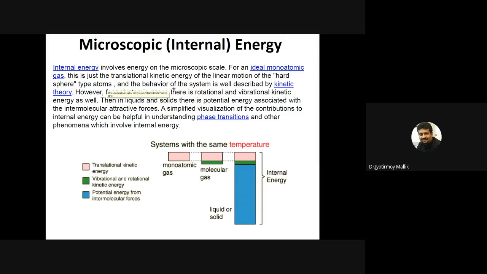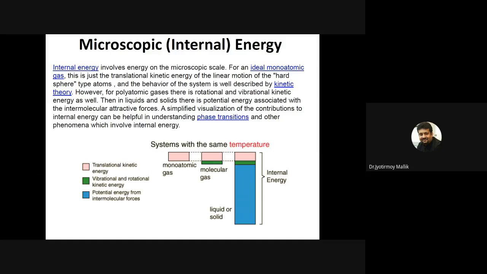And the behavior of the system is well described by kinetic theory. However, for polyatomic gases, there is rotational and vibrational kinetic energy as well. So for a monoatomic gas, only the translational energy matters, but for a polyatomic gas, we have rotational as well as vibrational energy in them. Okay? That constitutes the internal energy.